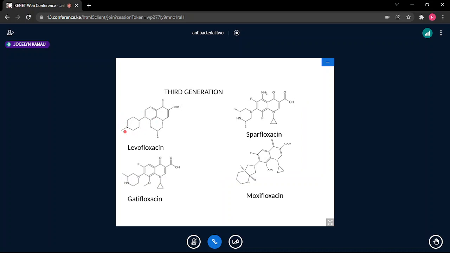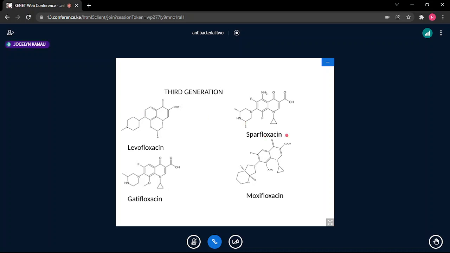As we have said, it is the stereoisomer, the pure isomer of ofloxacin. So you can see there has been introduction of a methyl group on that nitrogen, unlike the other drugs that we have been seeing where they had an unsubstituted piperazine ring. As I have said again, for correction, there is a fluoro group at that position.